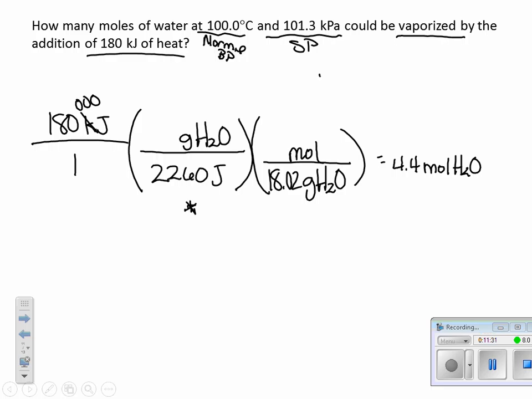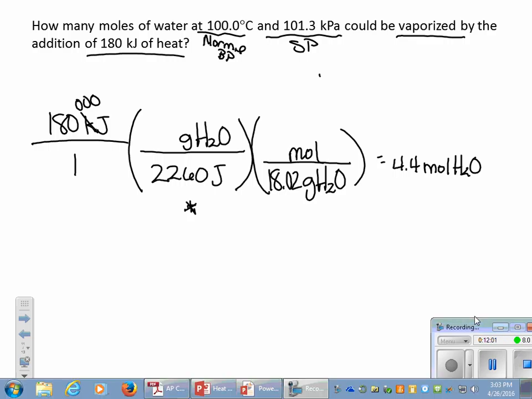Okay, I hope that helps out. And that is it on the types of calculations for heat. It doesn't include the more complicated ones where they're going through several different changes, where it's increasing its temperature to the melting point and then adding heat and melting and then increasing the temperature more and adding those heats together.